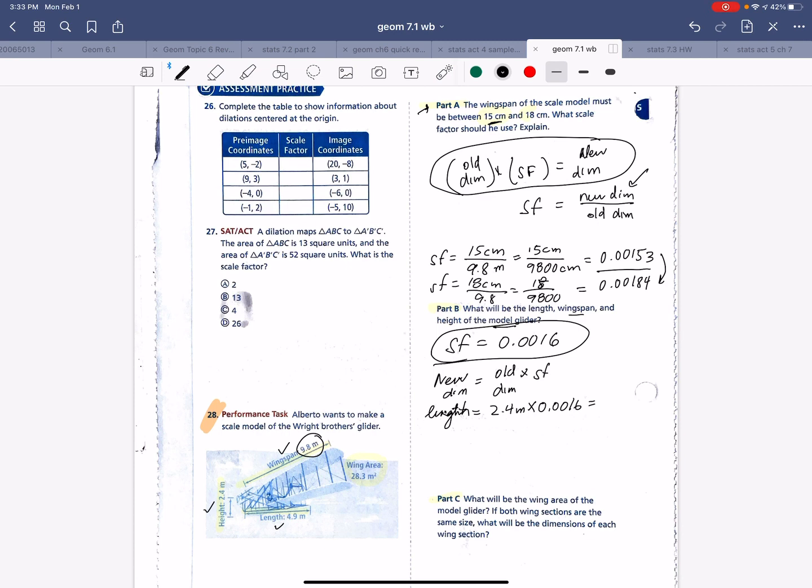And I want that in centimeters, so I'm going to add 2 zeros, 240. Wait a minute, just let me get this straight here. I just made a little snafu mistake again. Ugh, so frustrating.